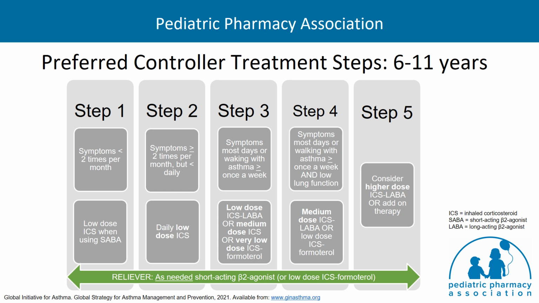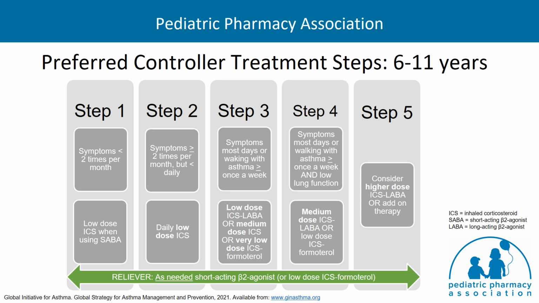The reliever is recommended to be as needed short-acting beta-2 agonist, or there is an option for the low-dose inhaled corticosteroid with formoterol. However, when looking at the maintenance regimen or the controller treatment steps, we see that in step 1, there's a recommendation to utilize a low-dose inhaled corticosteroid when the patient is using their short-acting beta agonist.